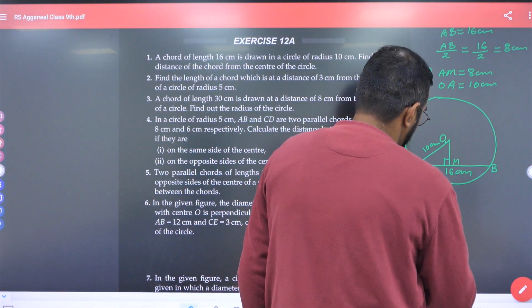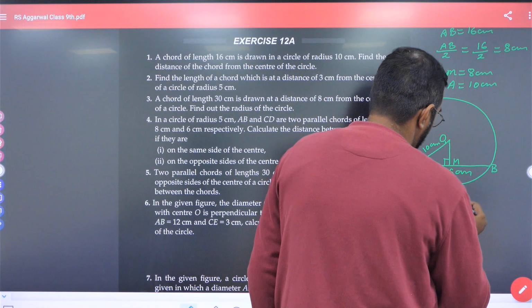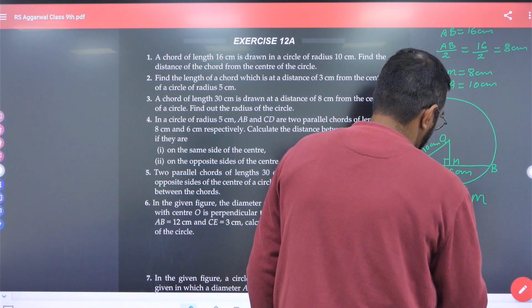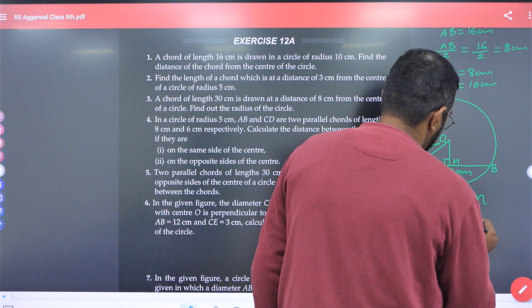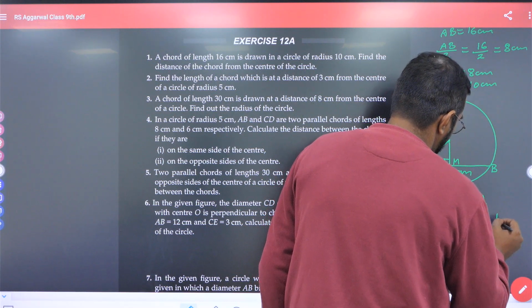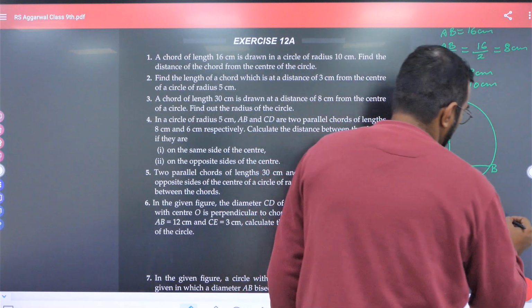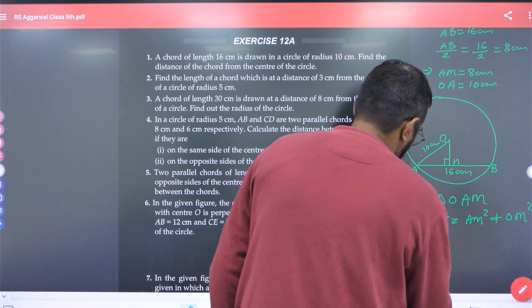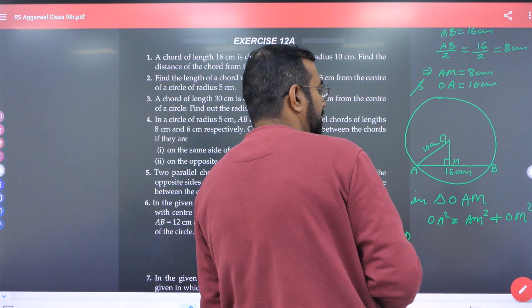In triangle OAM, OA square is equal to AM square plus OM square.